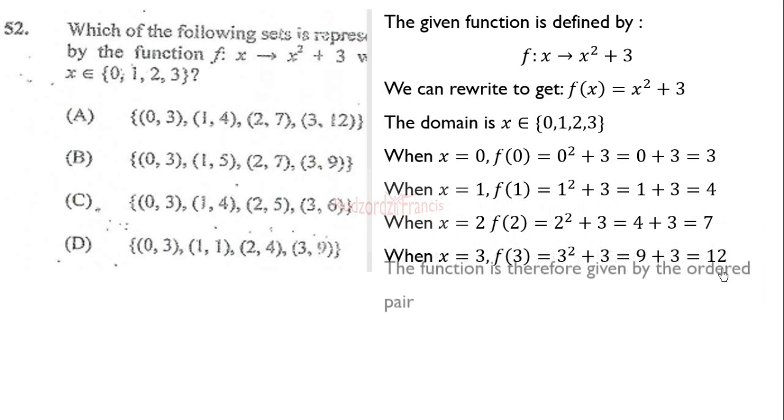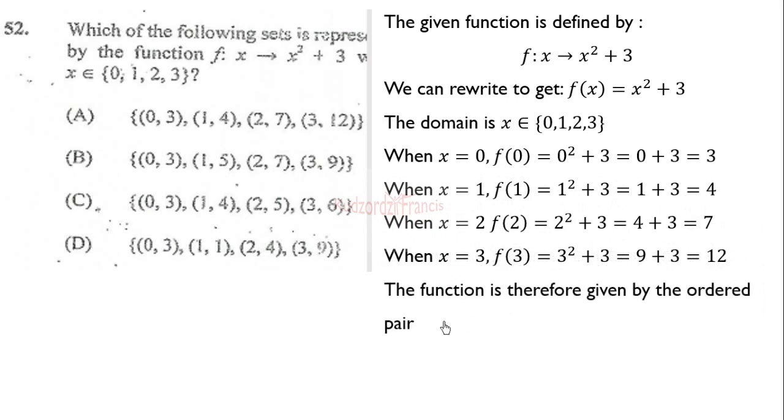So the ordered pairs will be (0, 3), (1, 4), (2, 7), (3, 12). Therefore, the correct answer is (0, 3), (1, 4), (2, 7), (3, 12).